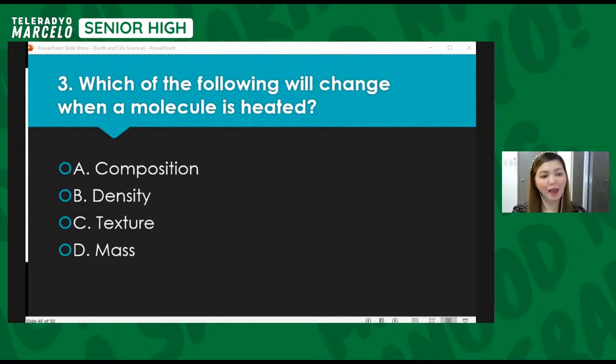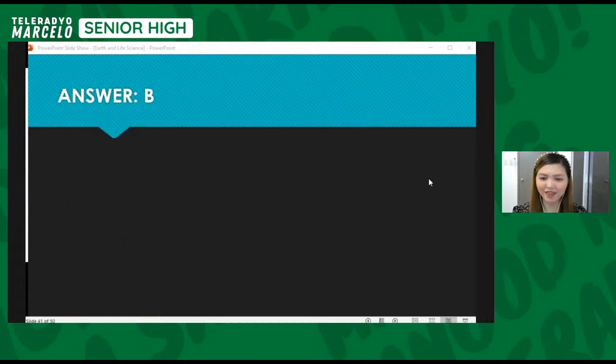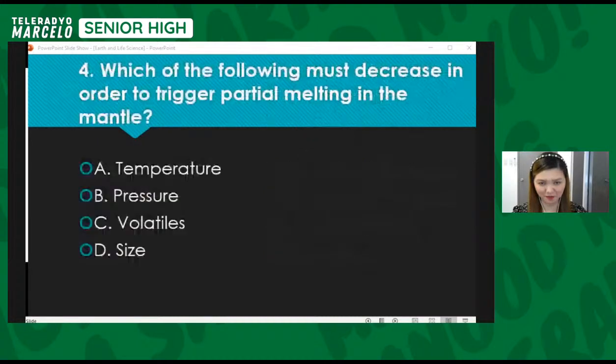Or letter D, mass. What do you think is the answer? 5 seconds. 5, 4, 3, 2, and 1. Okay, let us see. The correct answer is letter B. Wow. So who got it right? I'm seeing correct answers. Awesome.